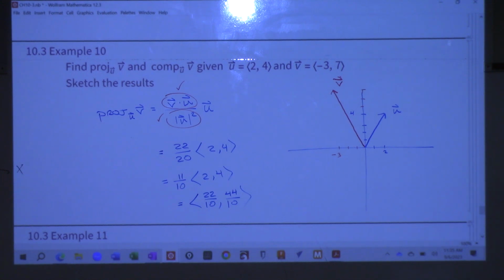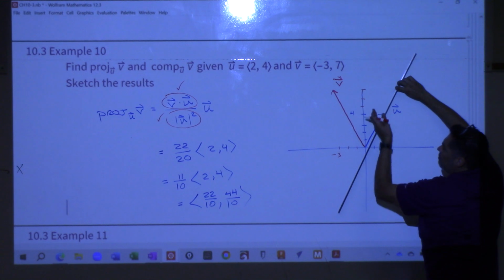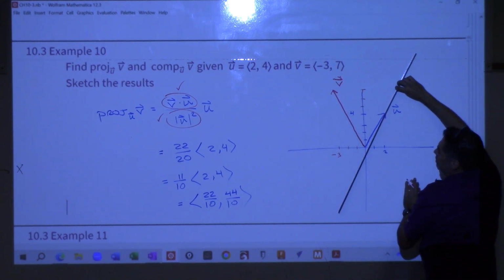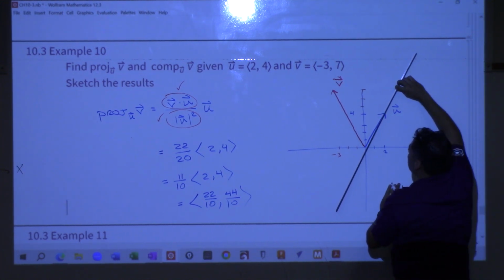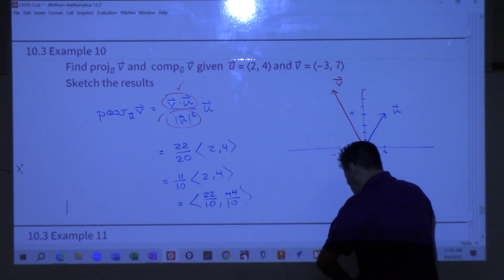Okay, which one are we projecting? V onto u. Do y'all see the perpendicular we dropped down? Where does it land? Well, what's our answer? 2.2. I'll do that in purple.